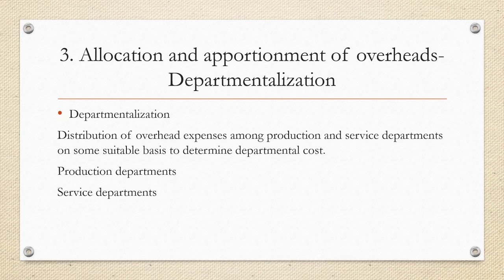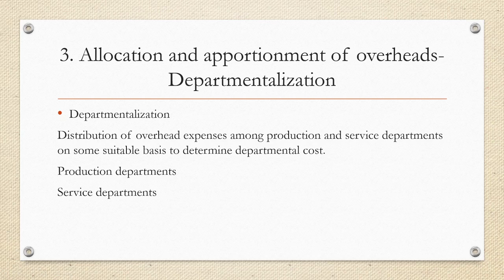So these are the service departments which render services to the production departments. Then there are production departments whose main activity is manufacturing the products, and they receive the services from these service departments.